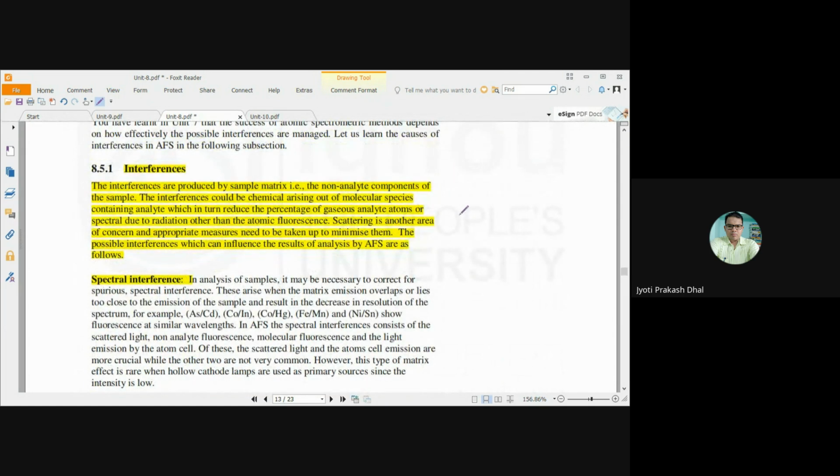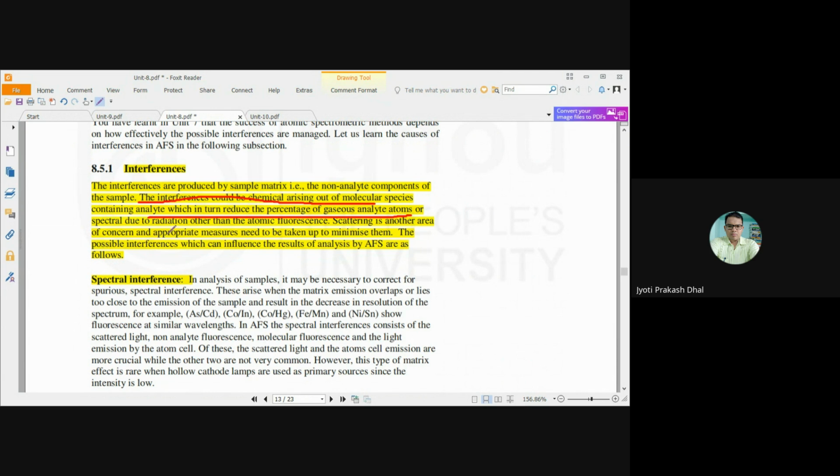Now coming to interference. The interferences are produced by the sample matrix, that is the non-analyte components of the sample. So if non-analyte components are present, that will cause interference. Interference could be chemical, arising out of molecular species containing the analyte, which in turn reduces the percentage of gaseous analyte atoms.